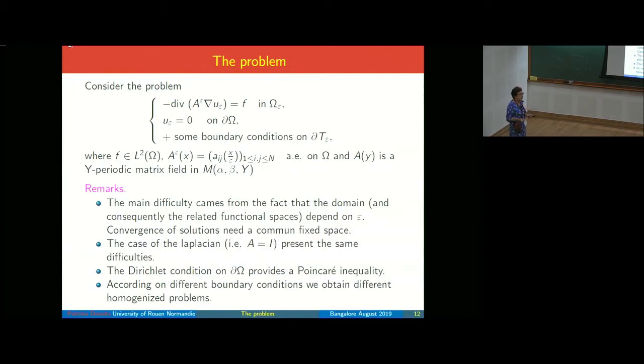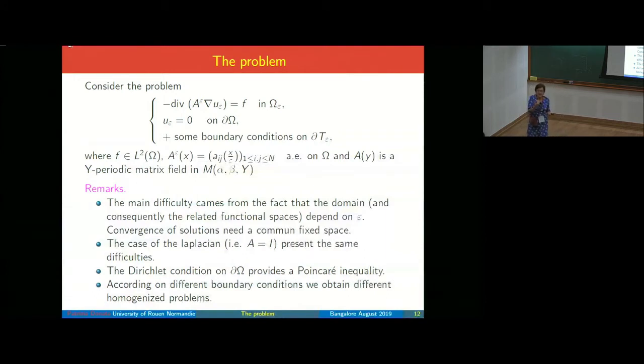I will explain why. I wrote A_epsilon, but if you take the Laplacian, the difficulties are exactly the same. So you don't pay more by putting A_epsilon if you want to think of the Laplacian. This is a difference with the previous case. In the previous case, if you take the Laplacian, you have no oscillation anymore, you have nothing to do.